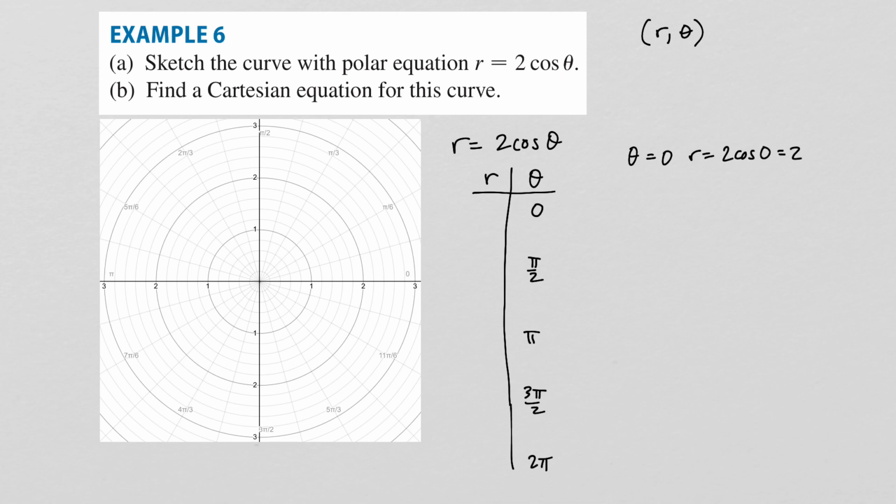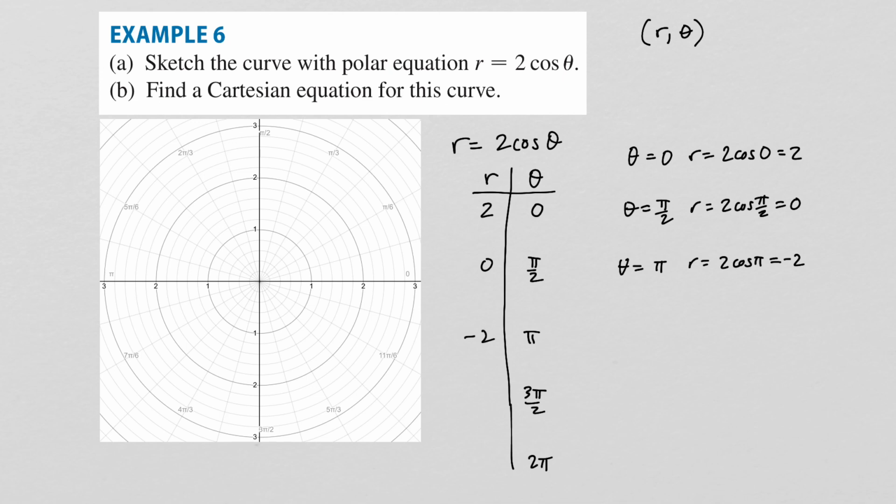Cosine of 0 is 1, and so that's 2 times 1, which is 2. If theta equals pi over 2, r will be 2 times the cosine of pi over 2. Cosine of pi over 2 is 0. If theta equals pi, r is 2 times the cosine of pi, which is 2 times negative 1, which is negative 2.